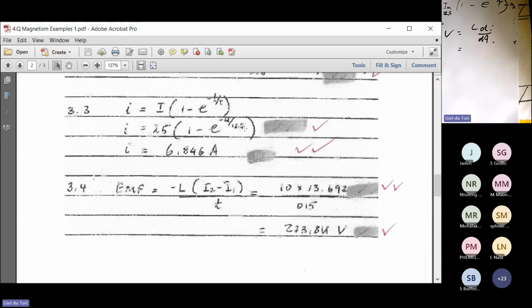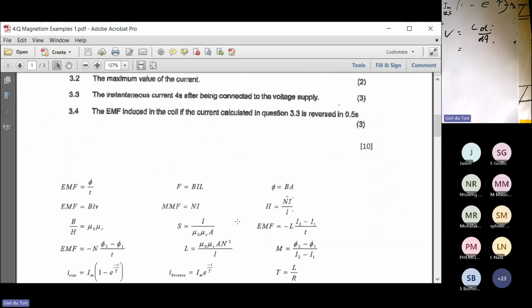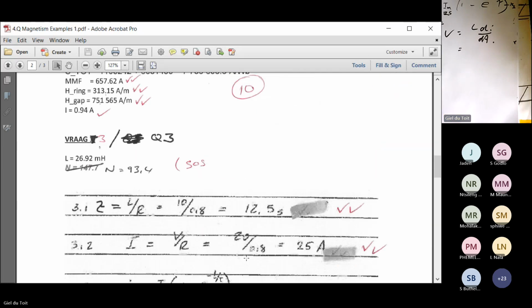Okay, there it is. So 10 times 13. Okay, I must just see why this is 13. You are probably right. And the time here is half a second, 0.5.